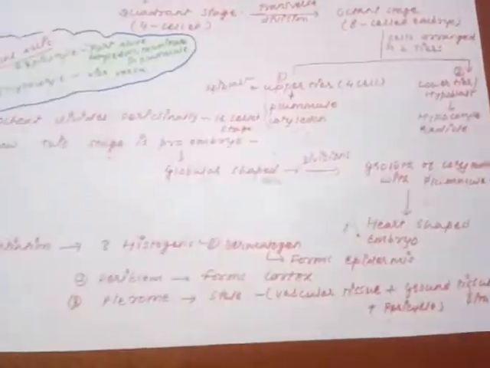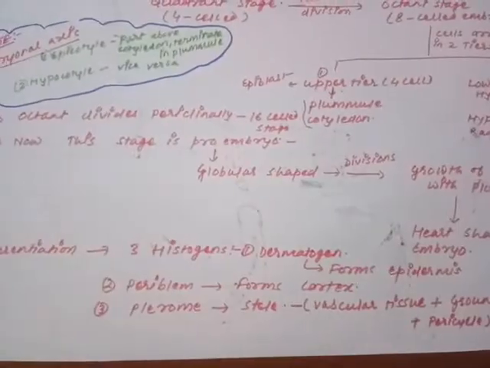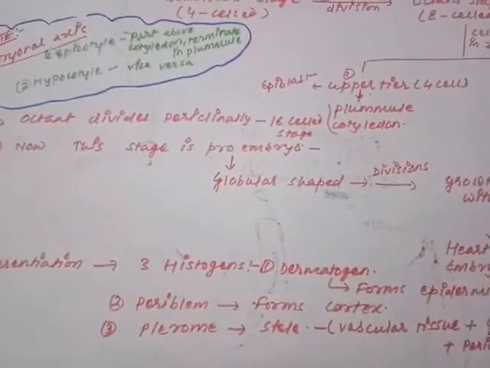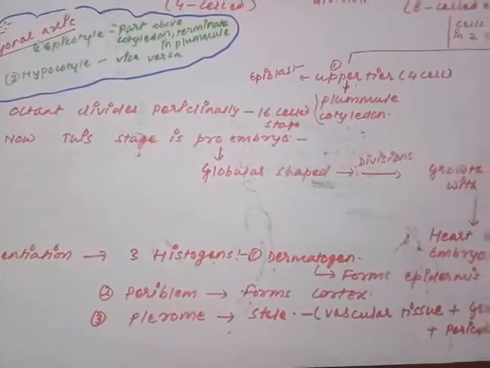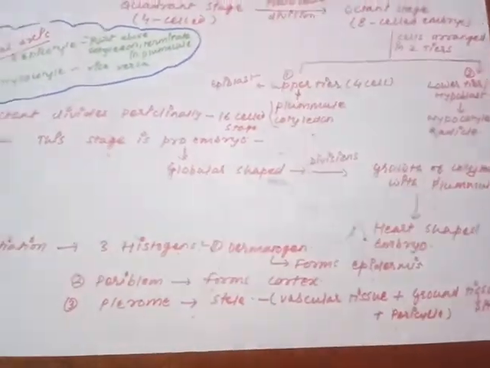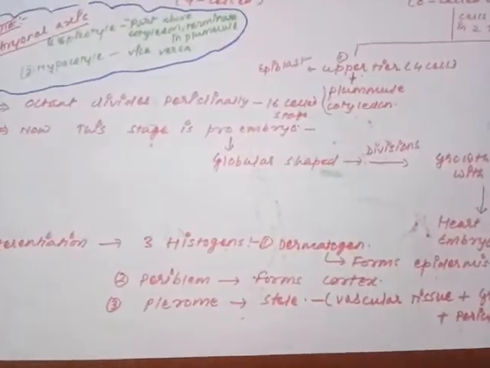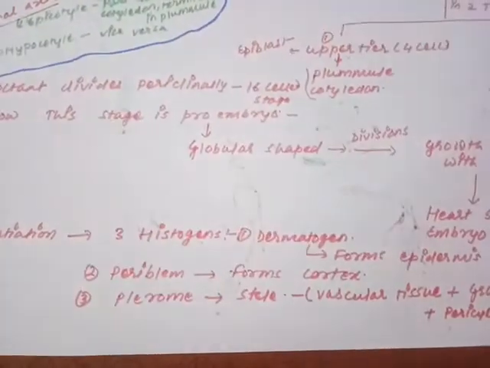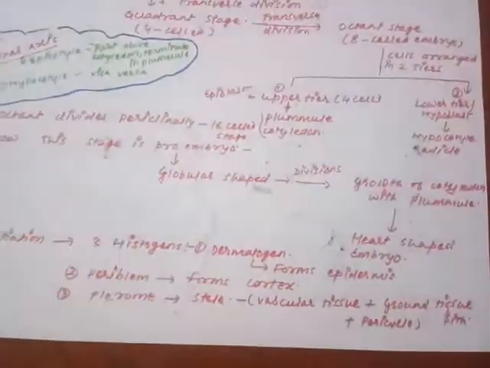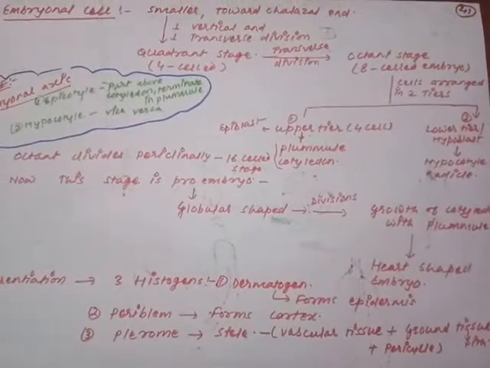Now the epiblast and hypoblast once again divide and form the 16-celled embryo. Now the embryo is a pro-embryo, then division, differentiation, and a heart-shaped embryo is formed, and 3 different histogens are formed: dermatogen, periblem and plerome.